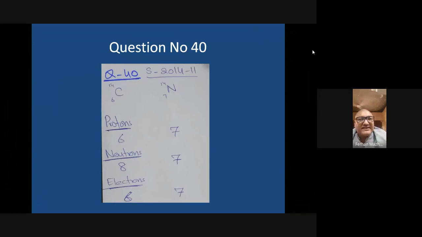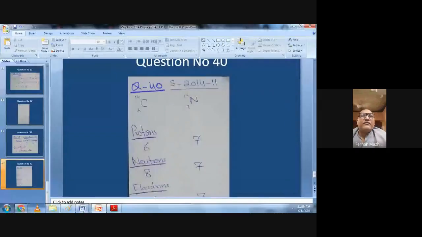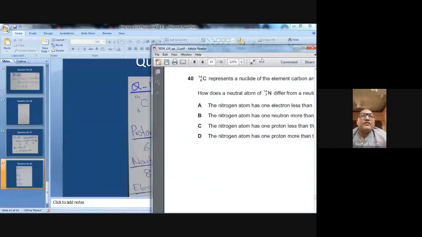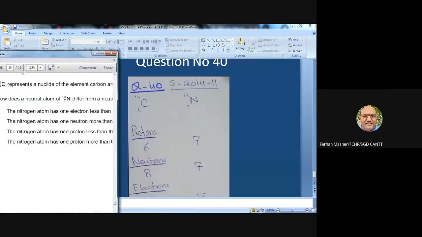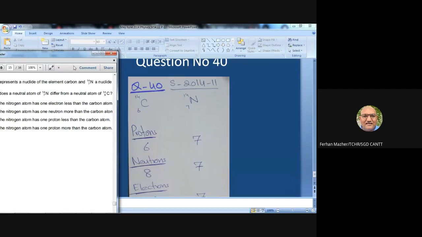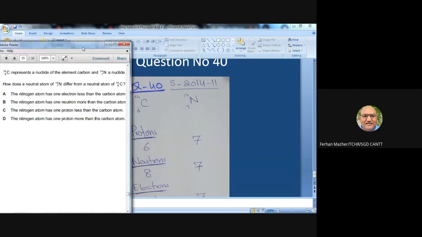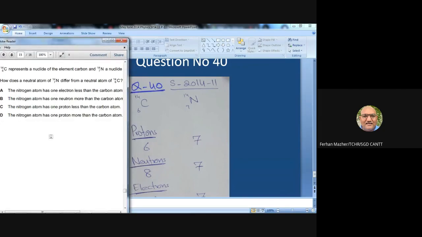So let's see what happens. The nitrogen atom has one electron less than the carbon atom. Is this right?